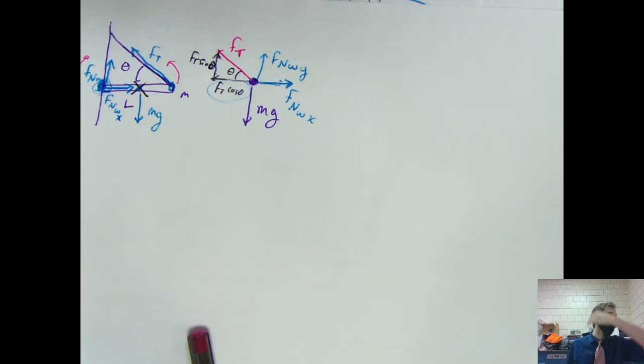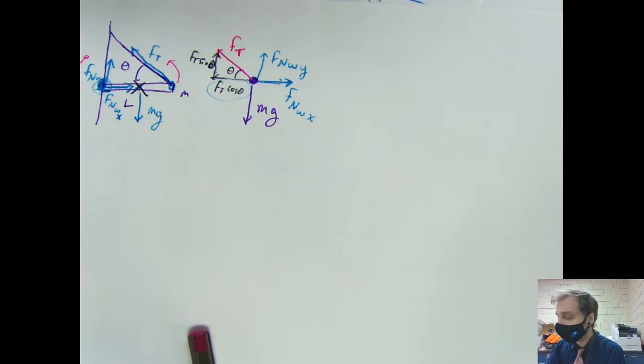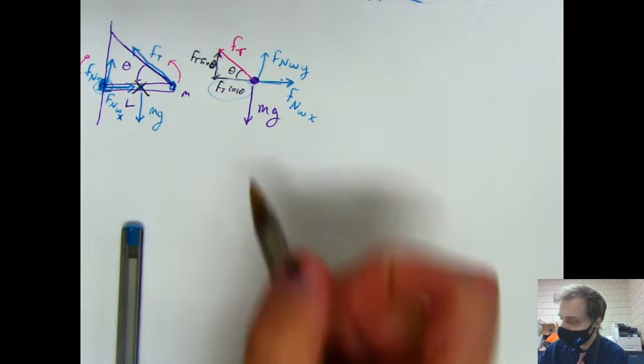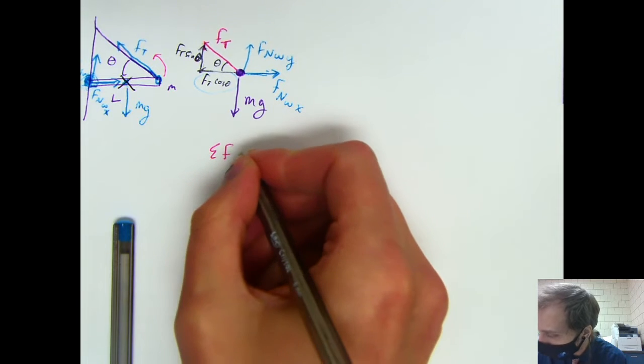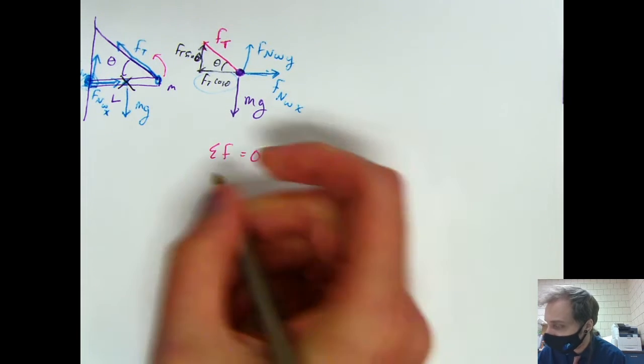So if we're thinking about which of these things need to be balanced in what way, we can just use a Newton's second law equation, and that's actually not too bad. We can say that our net force equals 0 in each direction.